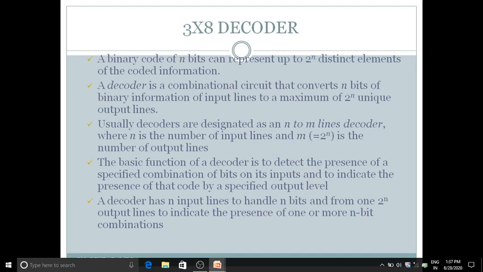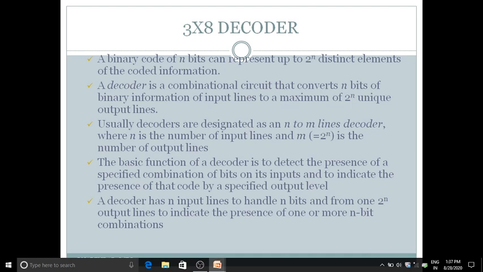And if n equals 2 and m equals 4, then it is a 2 to 4 line decoder, or 2 by 4 decoder. We can call it a 2 by 4 decoder or a 2 to 4 line decoder.